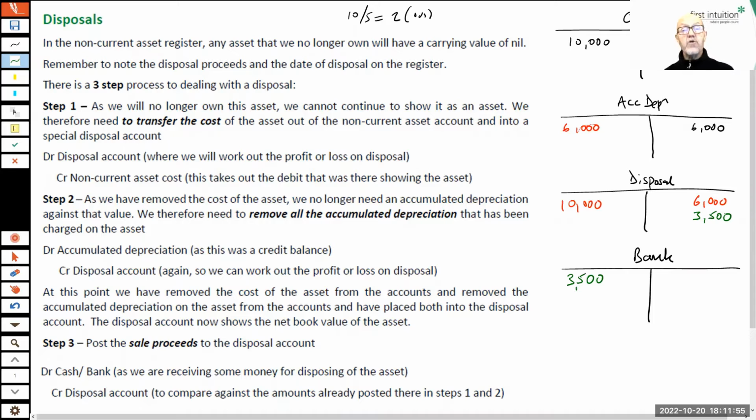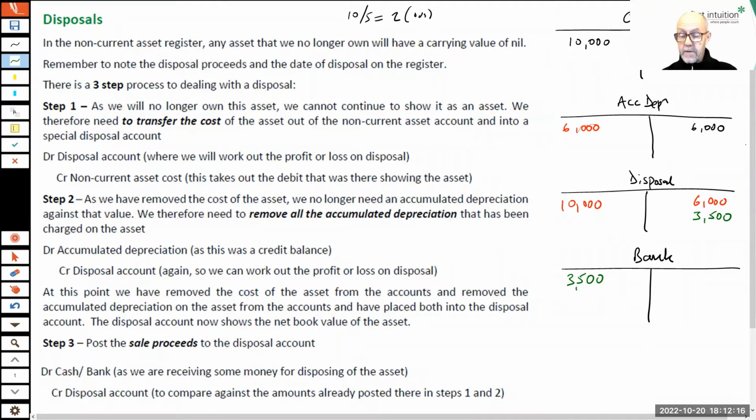So the story that this little set of accounts tells us now, we no longer have this asset. We no longer have any record of any depreciation relating to this asset. We have a disposals account that we'll come back to in a minute. We've got £3,500 in the bank.